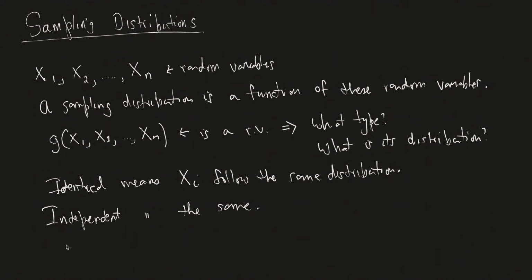This is the nice little abbreviation we've come up with. IID stands for identically and independently distributed.